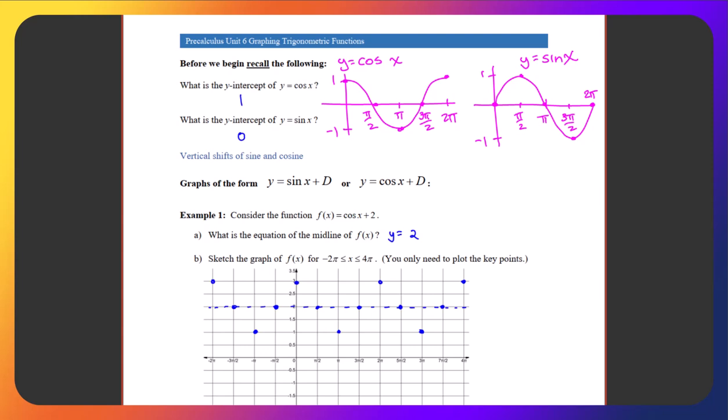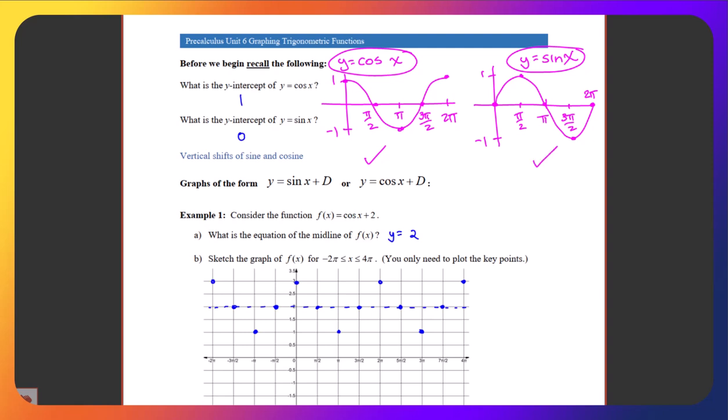If you remember in the last unit where we did some graphing and we had to memorize some of the basic parent functions, well, cosine and sine are also going to be parent functions. So here is the parent function for cosine, and here is the parent function for sine.